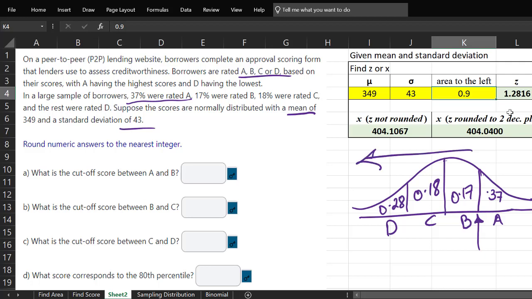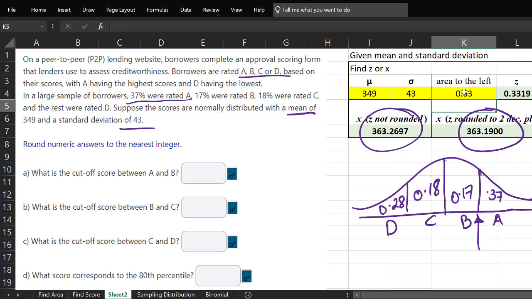So the area below this point will be 0.63. We plug in 0.63 because we need area to the left here. That will give us a value of around 363. Because we want to round the answers to the nearest integer, it really does not matter which one we pick. They will both give us 363.